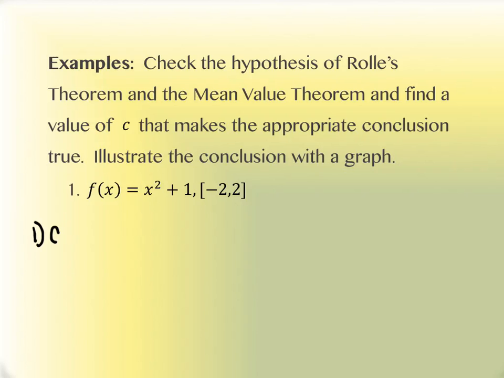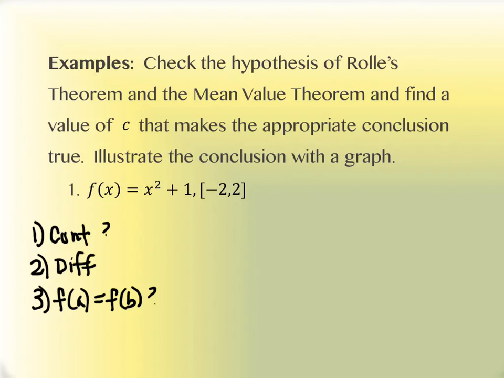The first condition is that it has to be continuous. The second condition is it has to be differentiable. And the third condition that we're going to check is we're going to ask ourselves, does f of a equal f of b? So we're checking these three conditions. If the last condition is the only one that fails, that's fine. It just means that we're in the mean value theorem case instead of Rolle's theorem.